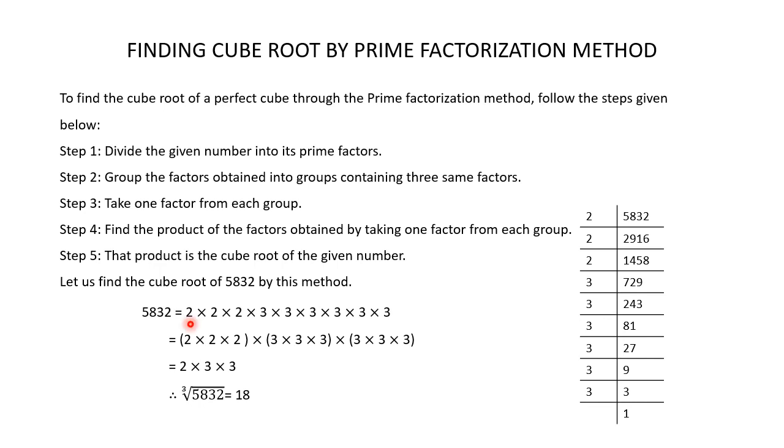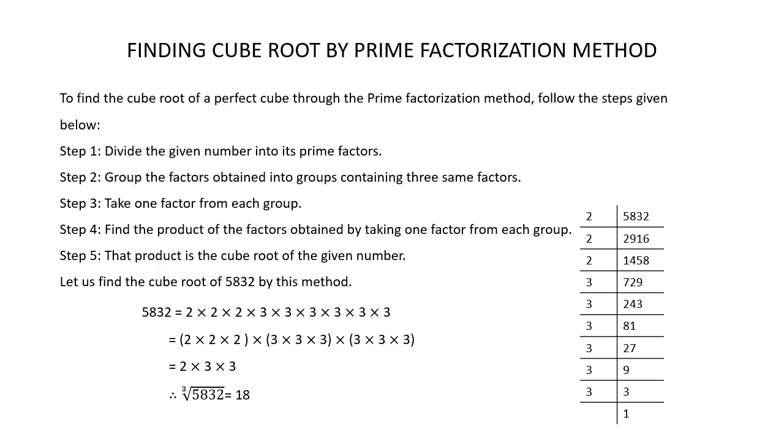You have to group these factors into groups containing 3 similar factors. So here you can group 2, 2 and 2 into one group. So 2 multiplied by 2 multiplied by 2 is one group. Then 3 multiplied by 3 multiplied by 3 is another group. Finally 3 multiplied by 3 multiplied by 3 is another group.